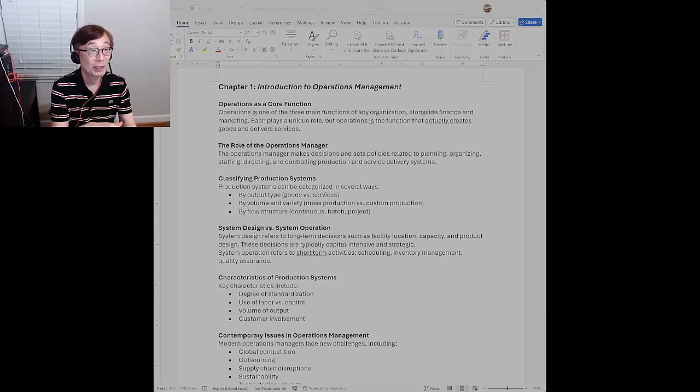And then we can categorize by flow structure, how operations are flowing, whether it's continuous or batch, for example, a number of batches per day. Rather than continuously running your operation, you can have multiple batches. Or it depends on the project, right? A special project or prototype project and things like that.